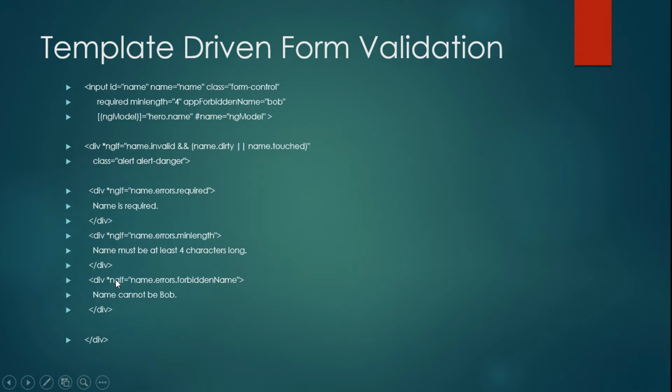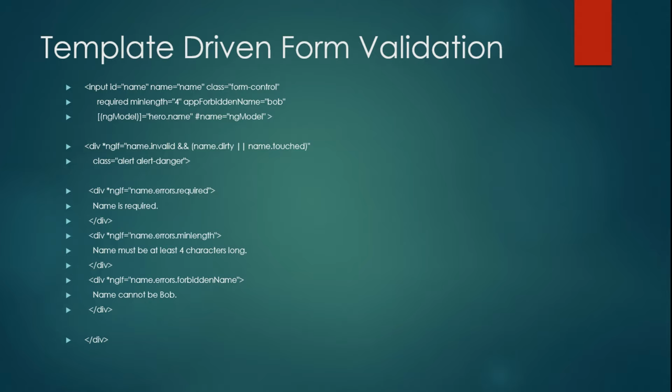Here we check whether the data entered in the input element is valid or not, and we check only when it is touched, and only then we display the message. It is checked when you define required, and the user must enter some data, otherwise we display the message that name is required.